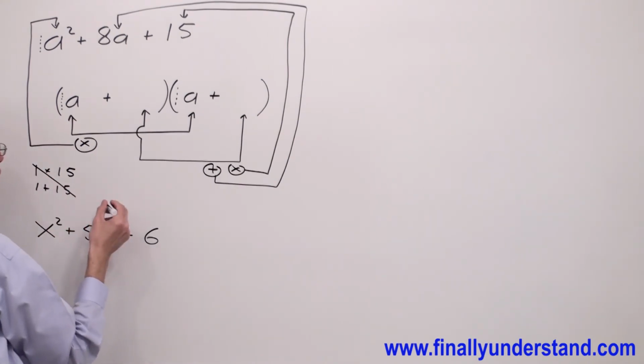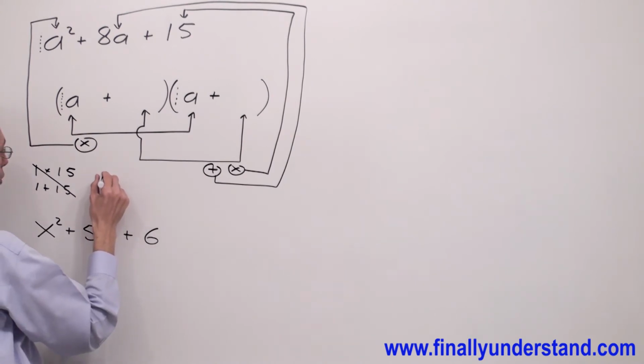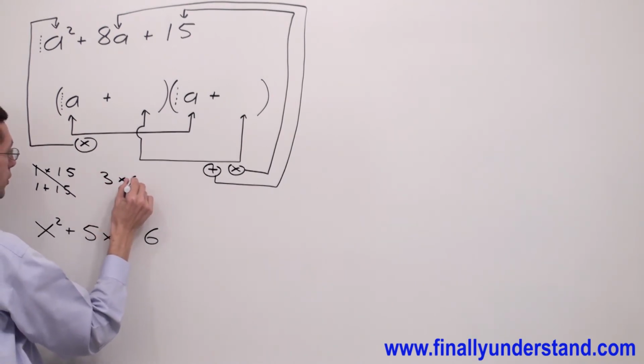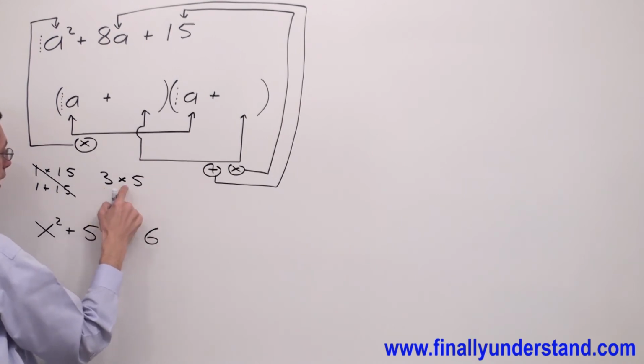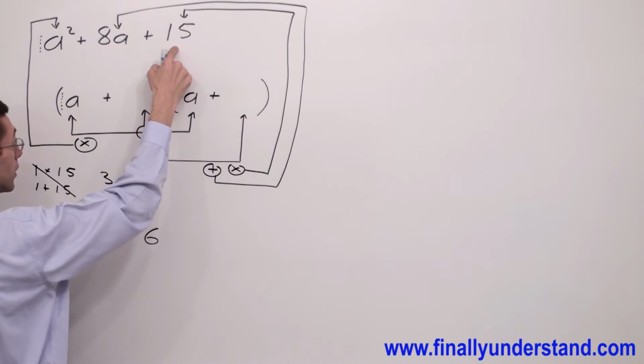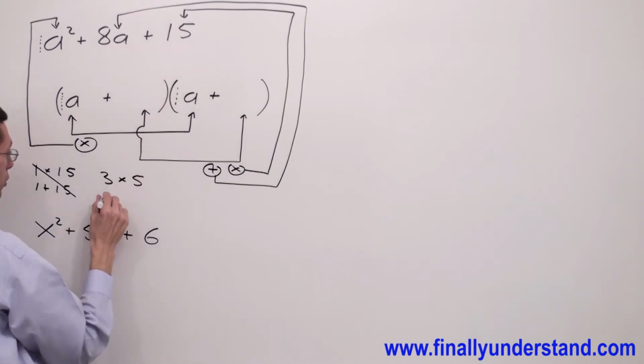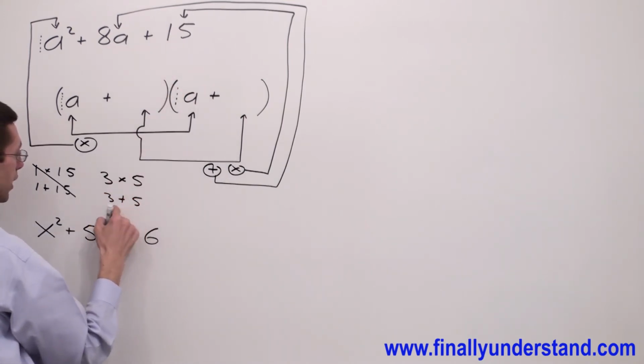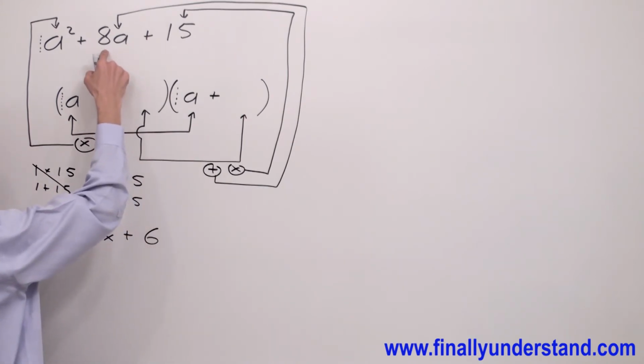Now let's check another one. Let's say I have 3 times 5. 3 times 5 equals 15. Okay, so it works. 3 plus 5 gives me 8.